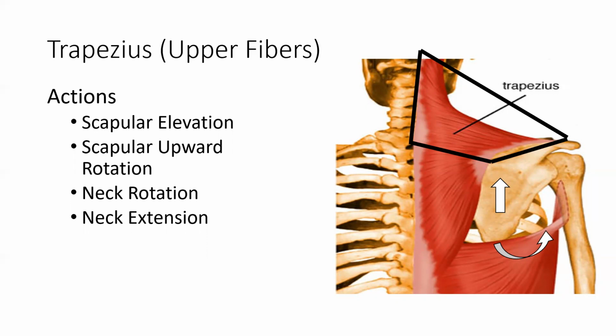So we can see neck rotation and neck extension, neck rotation to the opposite side. Right upper trapezius will cause left cervical rotation, and it will cause cervical extension. But this is only as long as we fix the scapula, either through our muscles or through some kind of closed chain activity where the upper extremity becomes fixed to an external surface.